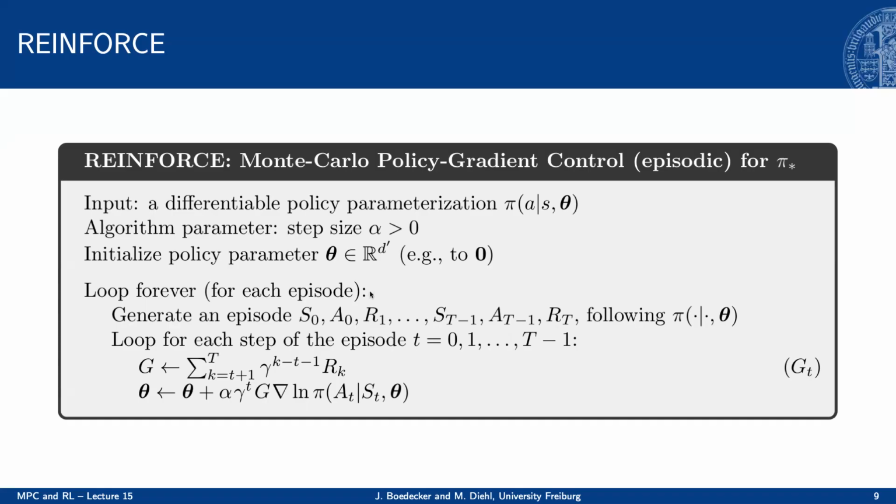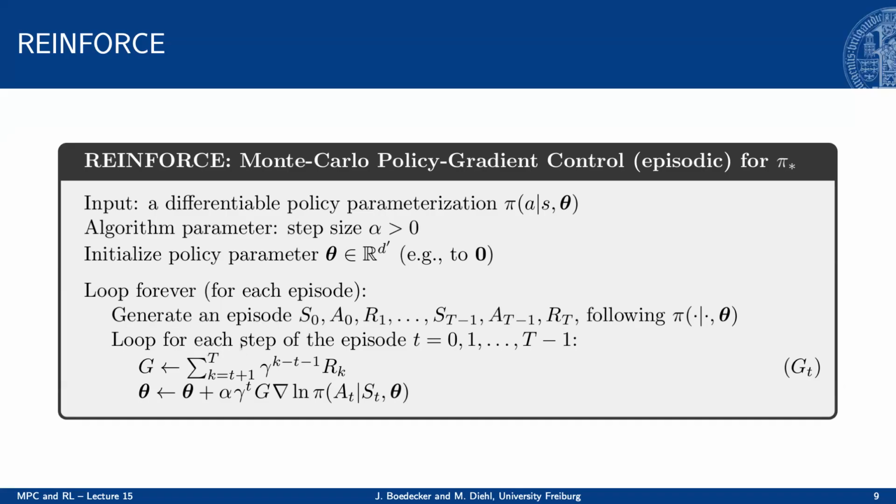You loop forever for each episode, and then you generate the episodes by sampling from your policy. So you execute your policy in a state S0, you take A0 coming from your policy, you receive reward, and so forth.